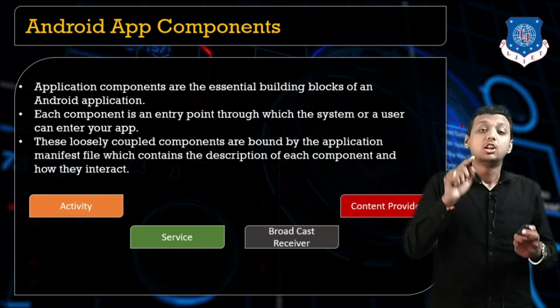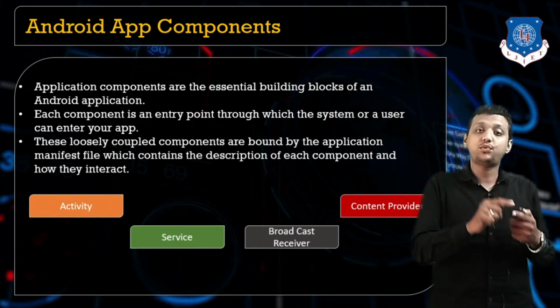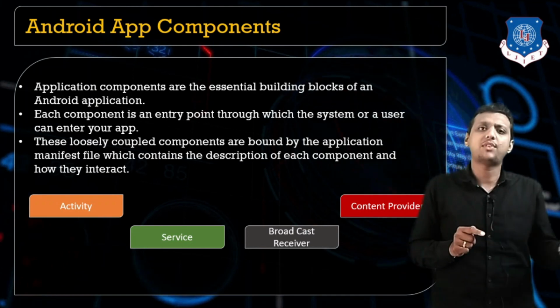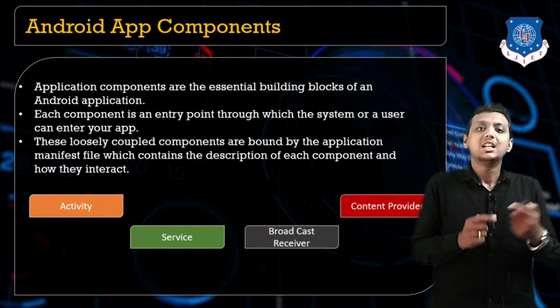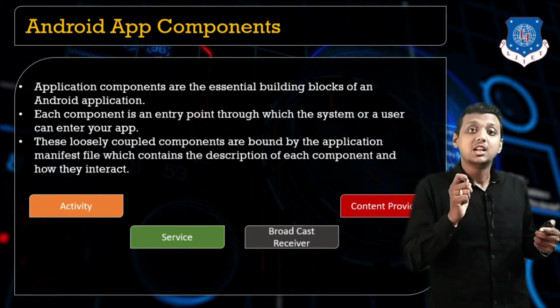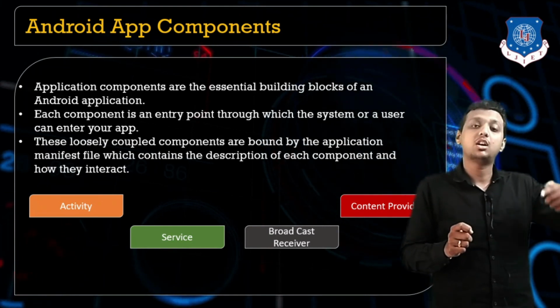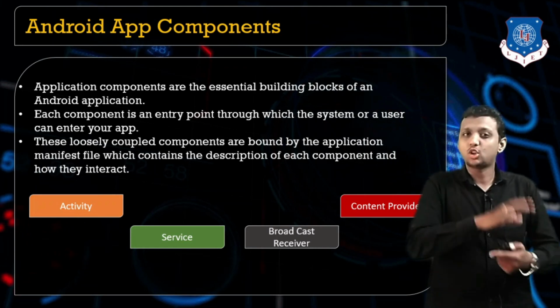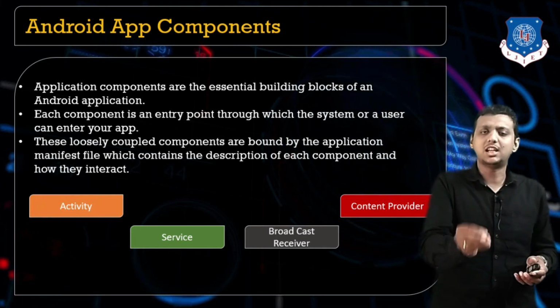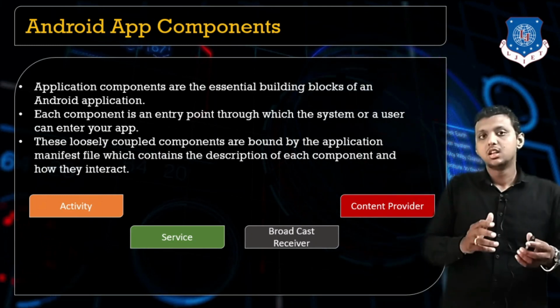No, but if you enable the option that when my phone is connected to the Wi-Fi, all the images and media are automatically downloaded, then this process is working in the background and you are not aware of it. That type of thing can be done by services.